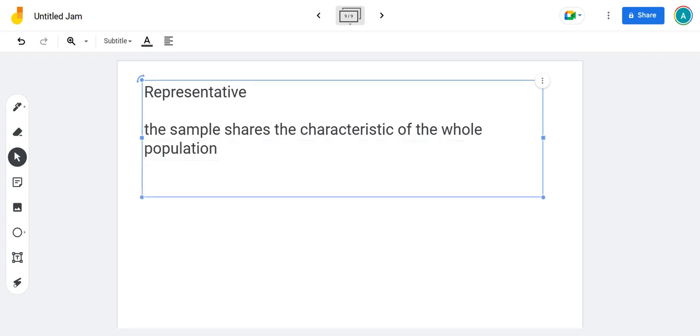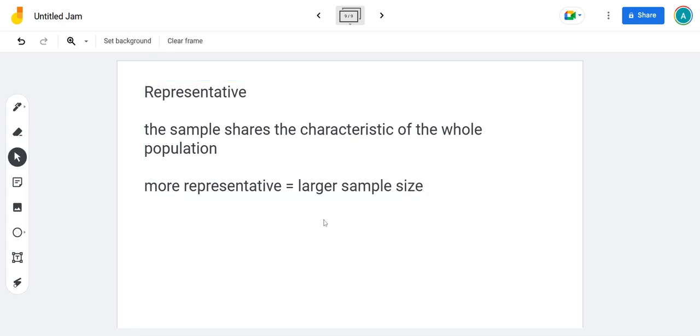Okay, and the way you can make it more representative is by having a larger sample size. So in science, we always talk about using five of the independent variable, like five concentrations or five temperatures, etc. When we're talking about studies into people, which we are when we're talking about cardiovascular disease, we're talking about sample sizes, which are always better to be bigger.